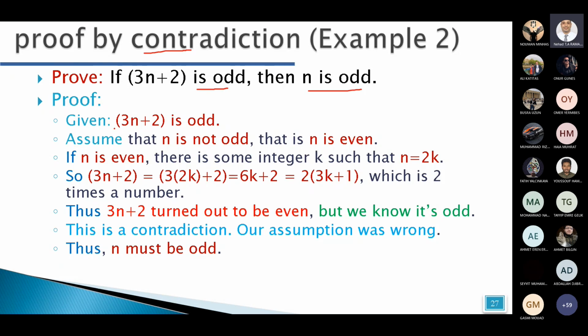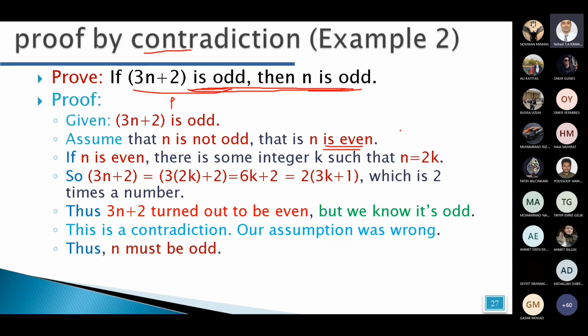Okay, so what's the given for us? This is P, yes? The given for us is 3n plus 2 is odd. So what's the opposite of odd? We will assume that n, this is the whole statement, yes? We will take its opposite. So n is odd, it's given to us. So we'll start from n is even.